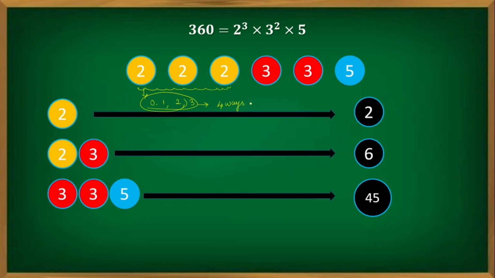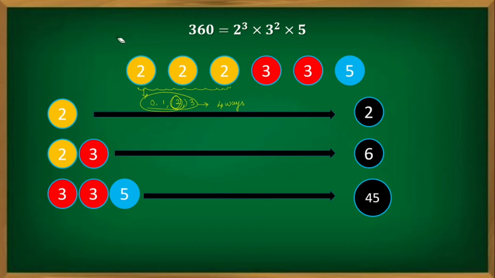Now here you should not think like this: if you want to select two balls, from 3 we want 2, so 3C2 ways. This is wrong because they are identical. If you want to select two balls, that can be done in only one way. If you select the first and second, you get the same two yellow balls, and if you select the second and third, that is also the same selection.